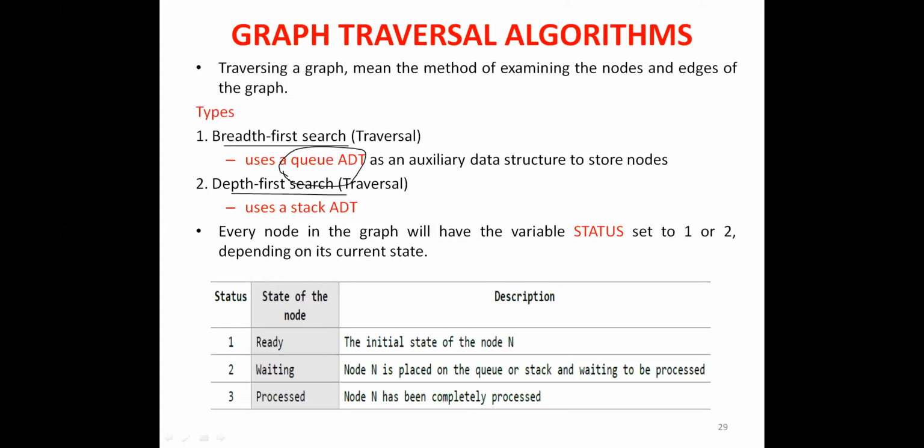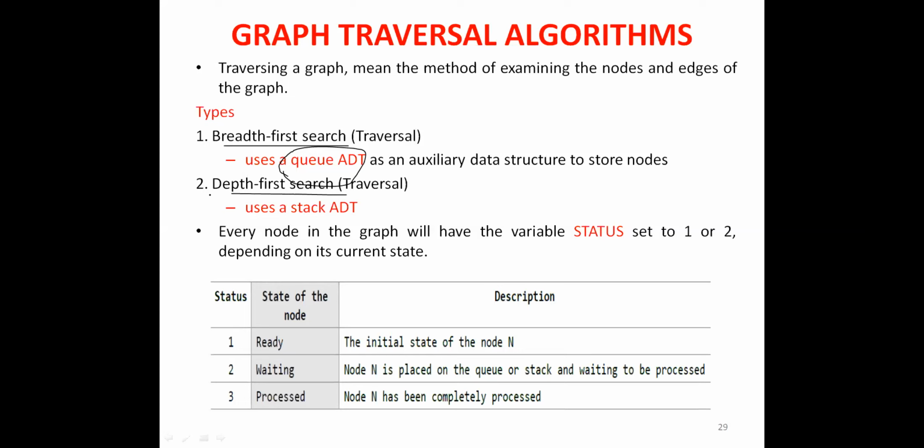For the operation I'm using the Q ADT. Already I told you ADT is nothing but abstract data type. They may call it stack ADT, linked list ADT, tree ADT, graph ADT. All are abstract data types.